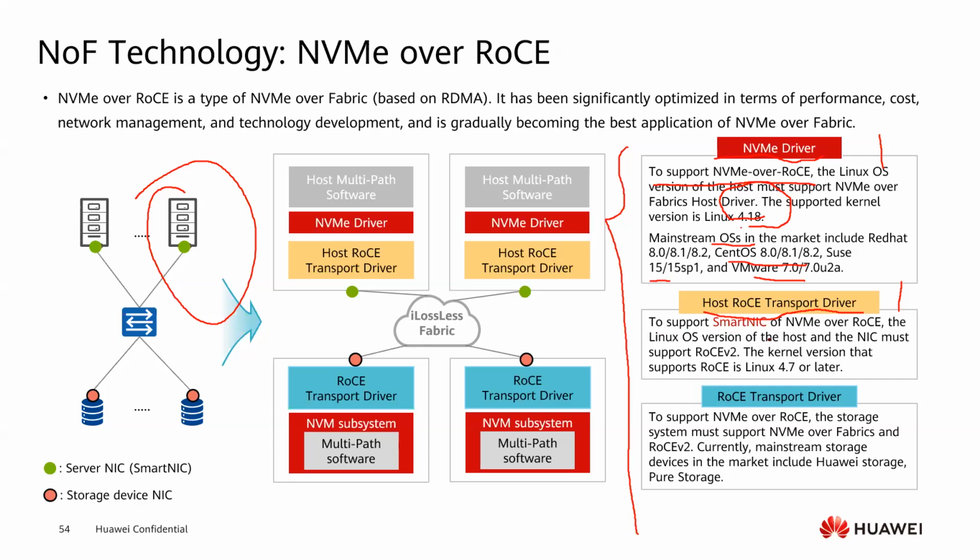To support the smart NIC of NVMe over RoCE, the Linux OS version of the host and the NIC must support RoCE v2. The kernel version that supports RoCE is Linux 4.7 or later, and the RoCE transport layer. To support NVMe over RoCE, the storage system must support NVMe over Fabric and RoCE v2.